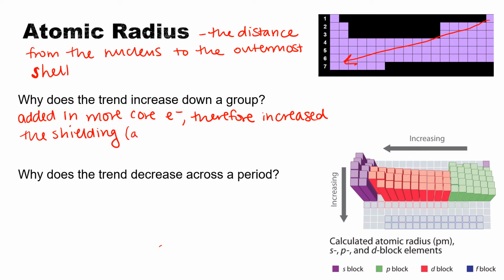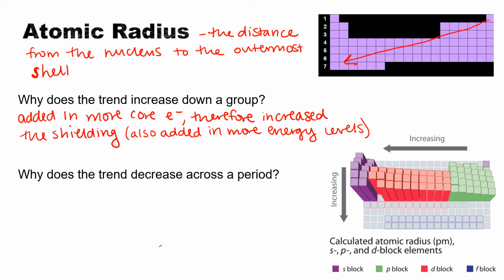But we've also added in more energy levels. So those atoms are going to have to get bigger in order to accommodate all of those extra energy levels and core electrons that we're adding in. So if the atom's getting bigger, then the radius is also going to get bigger.